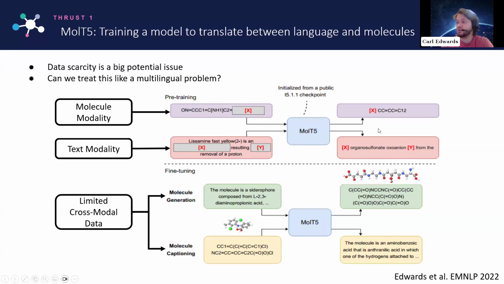We pre-train at the same time on a text modality. These are not connected, but we're training on them both at the same time. The idea is to increase the model's understanding of molecules without losing our ability to understand language. Then, using our limited cross-modal data, we do fine-tuning where we learn to do either text-conditioned molecule generation or molecule captioning.